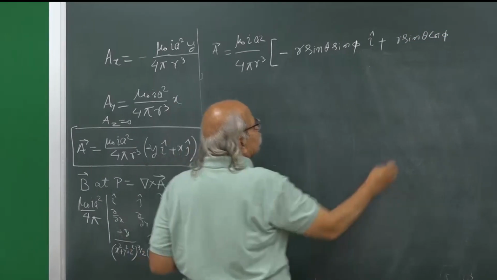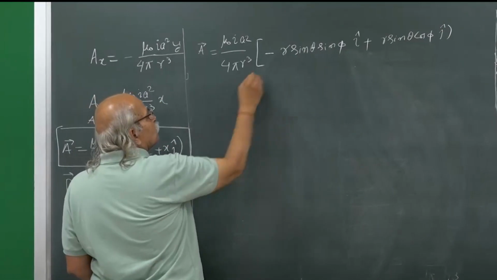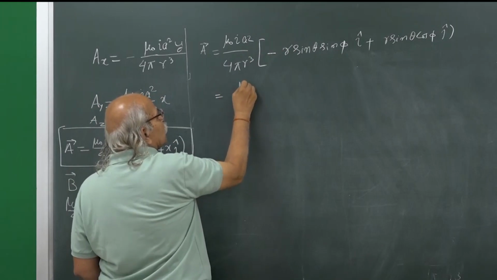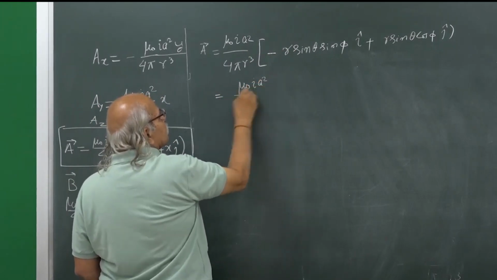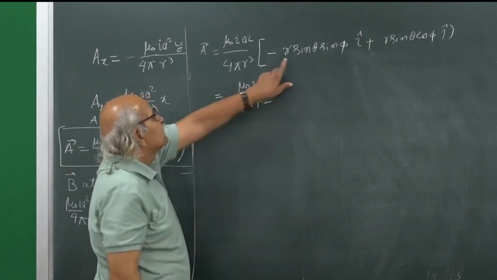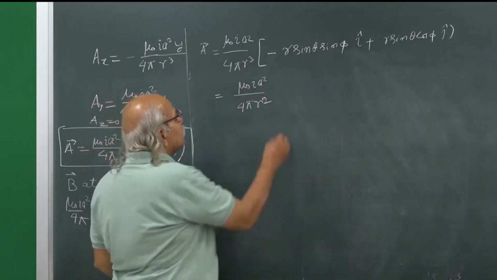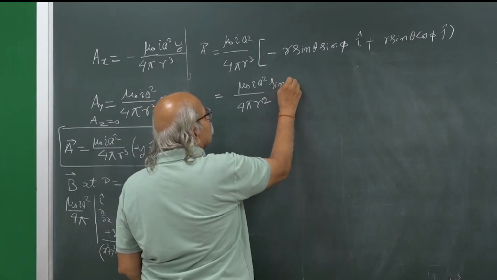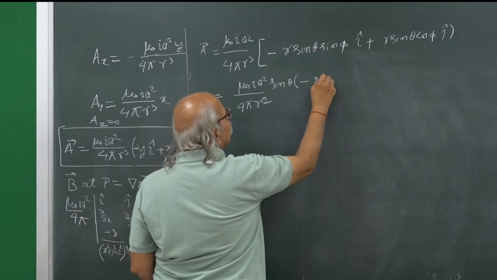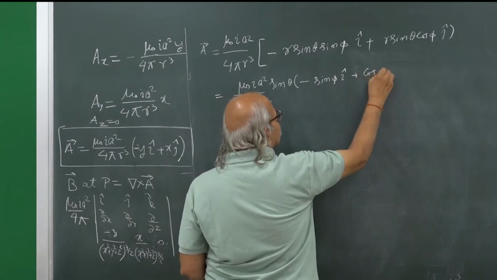You can take sin theta out, you can take r also out, and cancel it with one of the r here. So it is now mu naught I a square divided by 4 pi r square, and sin theta common, then minus sin phi i cap plus cos phi j cap.